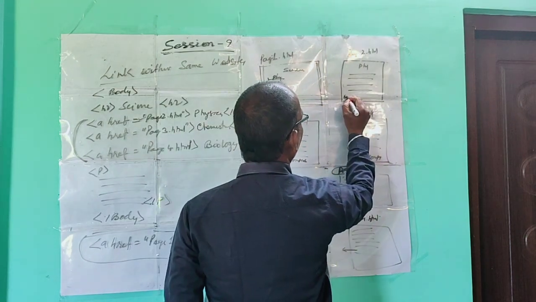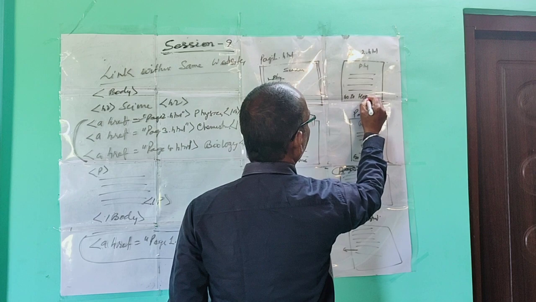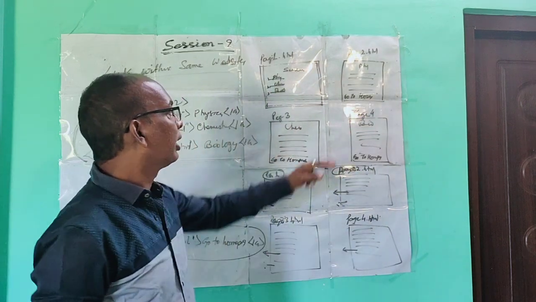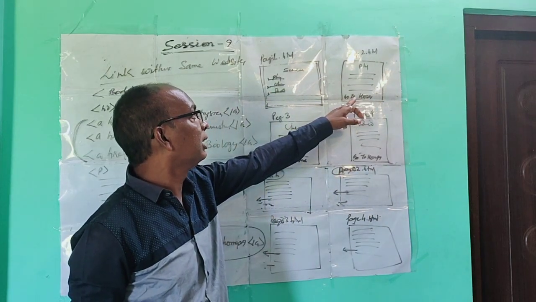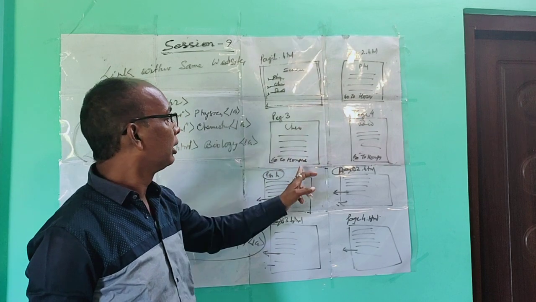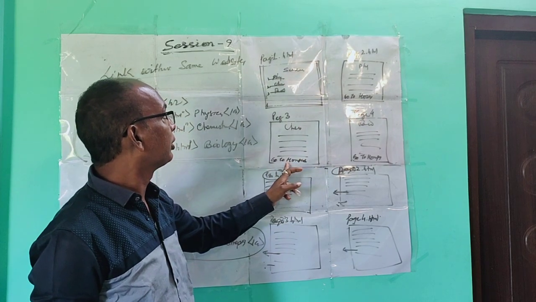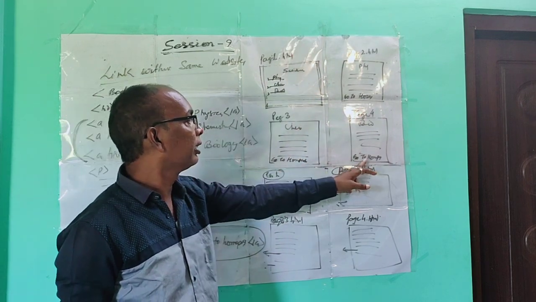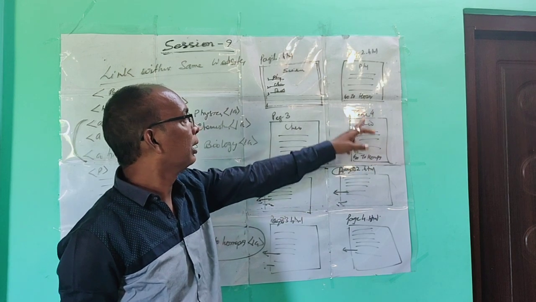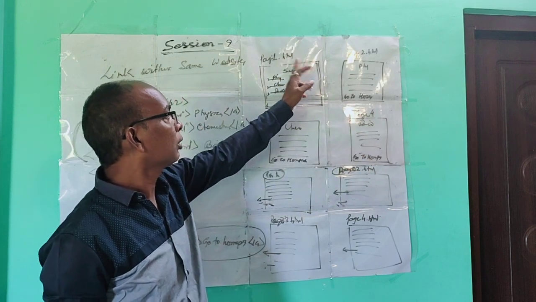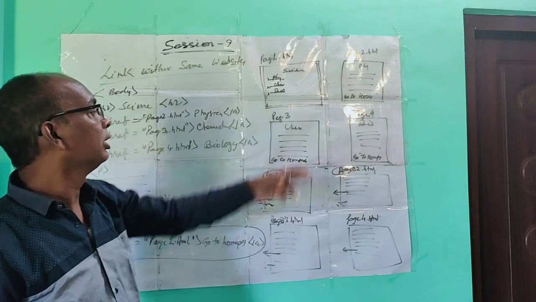So when you click it here, you jump directly from page number 2 to page number 1. When you click it here, from page number 3 to page number 1. When you click it here, from page number 4 to page number 1. So all these pages are linked to each other.